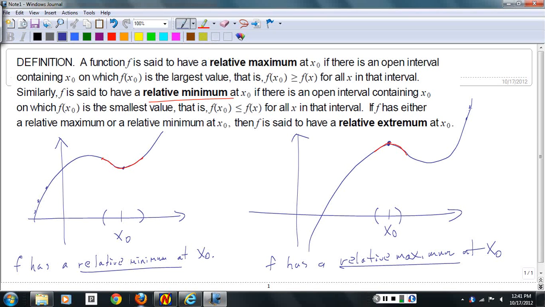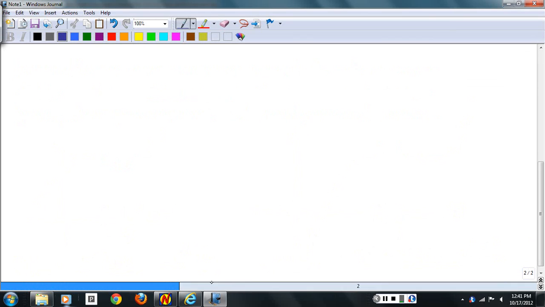In either case, we call it a relative extremum, or say f has a relative extremum on the interval. So we keep this definition in mind, and then we look at the next theorem.